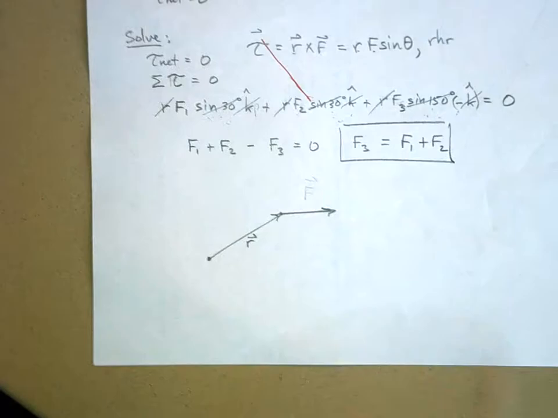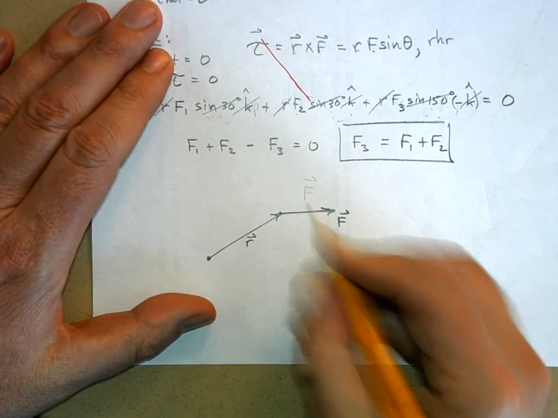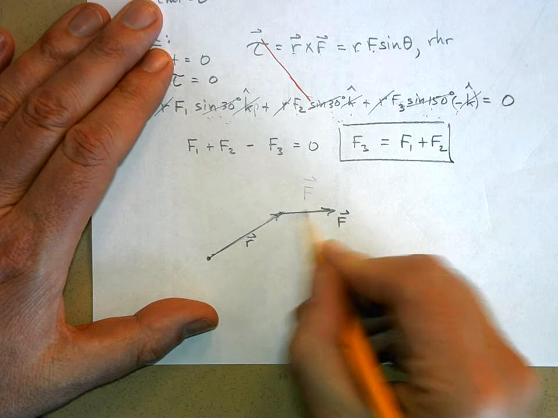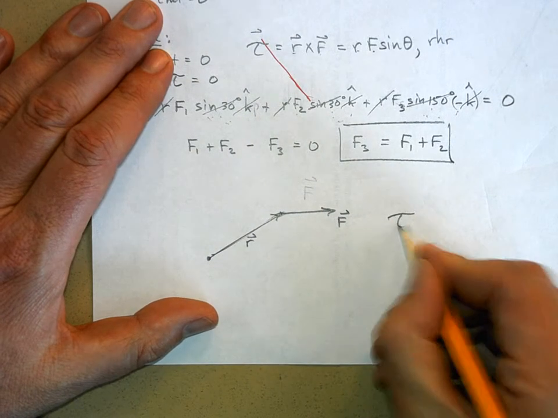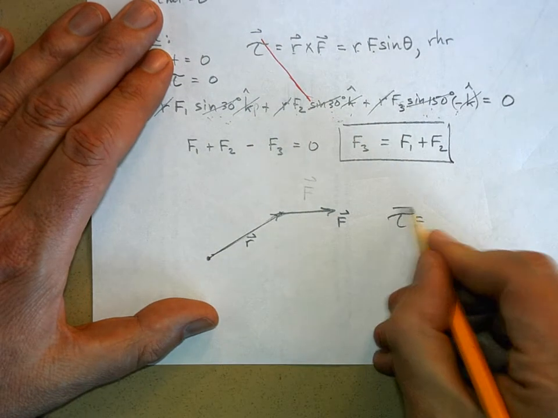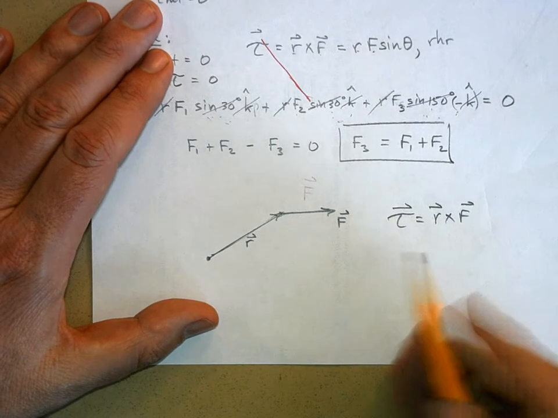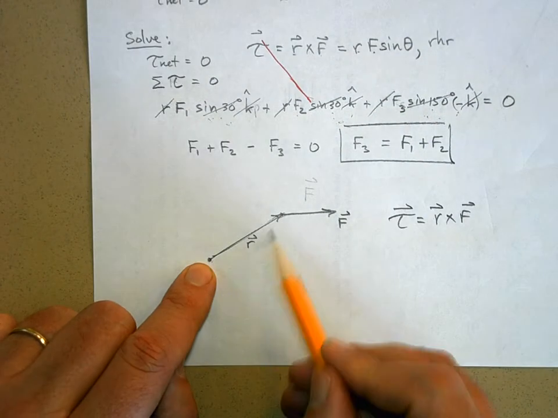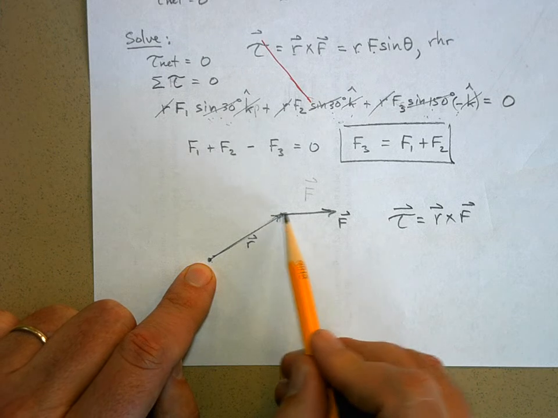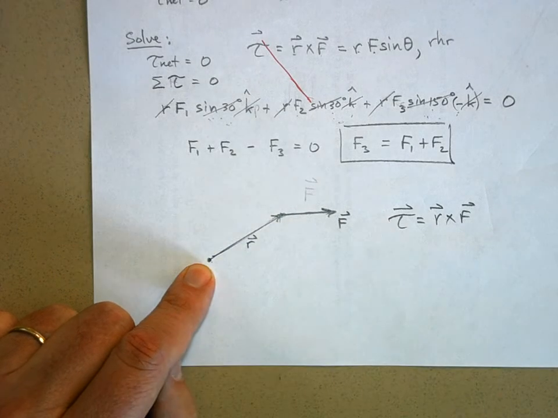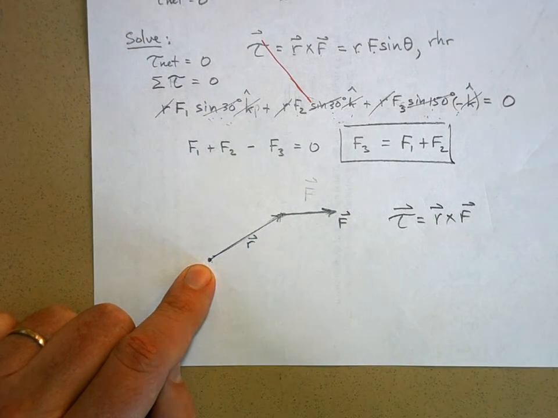Let me put the F over here so it doesn't interfere with my drawing. So we know that the torque is equal to r cross F. r goes from the axis of rotation to my application of the force, and then this is my force. Okay, so this is going to make something try to twist.